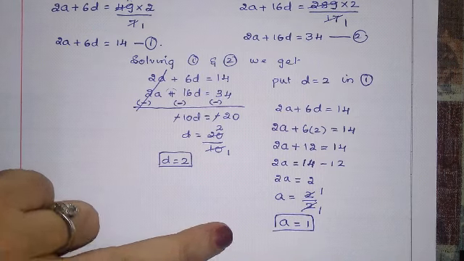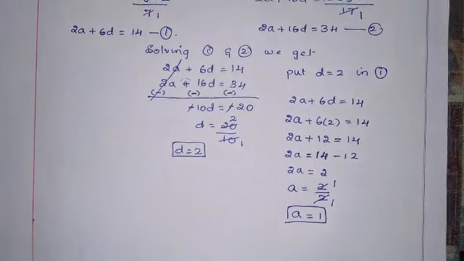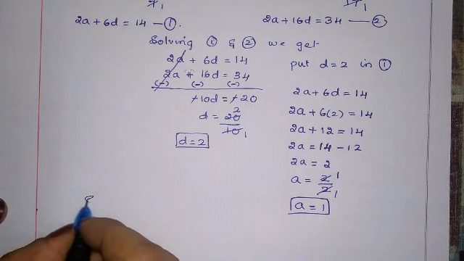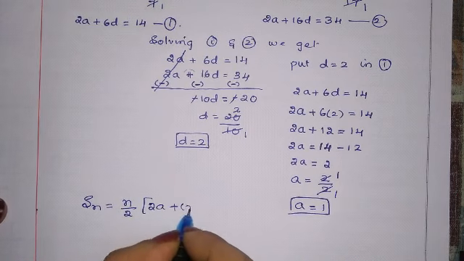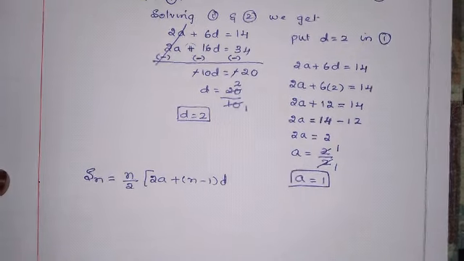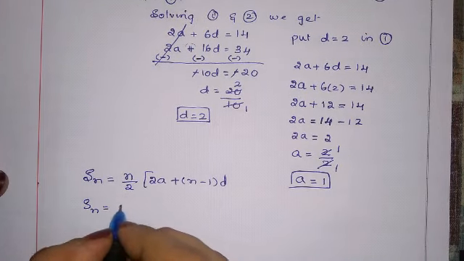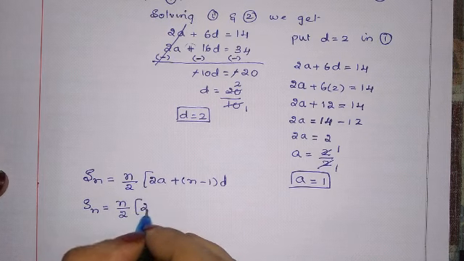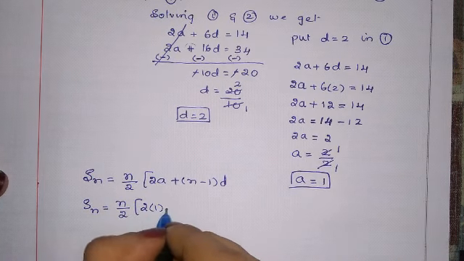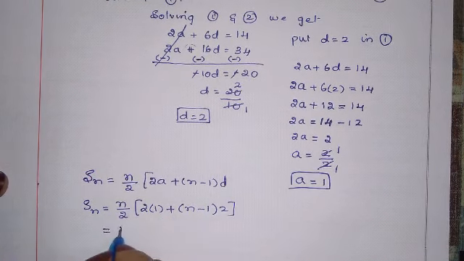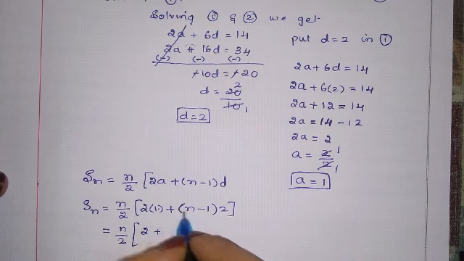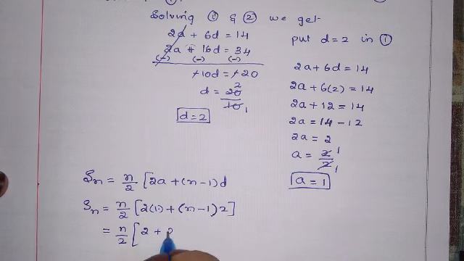Now they have told in the question, prove that sum of nth term is n square. Okay, let us start. Sn is equal to, we know, n by 2, 2a plus n minus 1 d. Sn as it is, because n we don't know. n by 2 as it is, 2 into a value is 1, plus n minus 1 as it is, d value is 2. n by 2 as it is, 2 1s are 2, plus this bracket we will open now. 2 into n, 2n, 2 1s are 2.